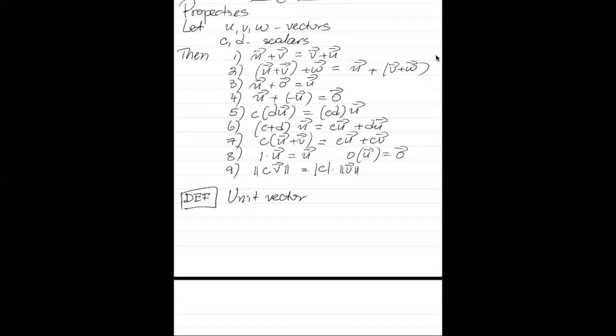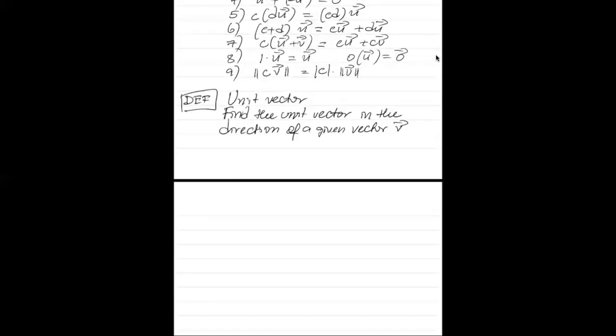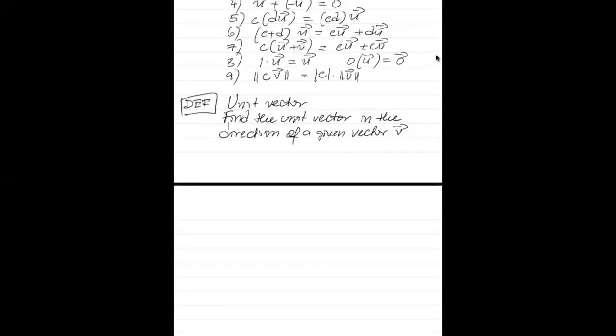But what we want is to find the unit vector in the direction of a given vector v. So if I have a vector v somewhere here, we want to find a unit vector in the same direction.